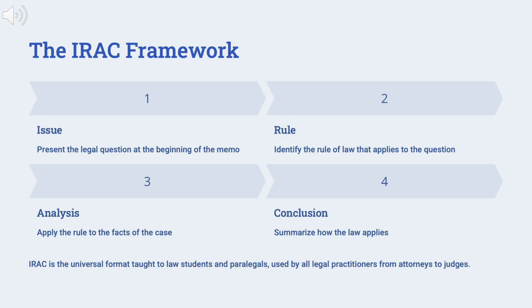This is the most demanding component of IRAC. It requires working through how the rule interacts with the specific facts, what the rule requires or prohibits, whether the facts satisfy or fail to satisfy those requirements, and what arguments can be made on each side. The conclusion summarizes how the law applies and what result it produces in the client's situation.